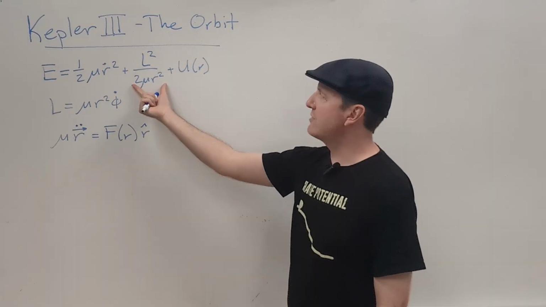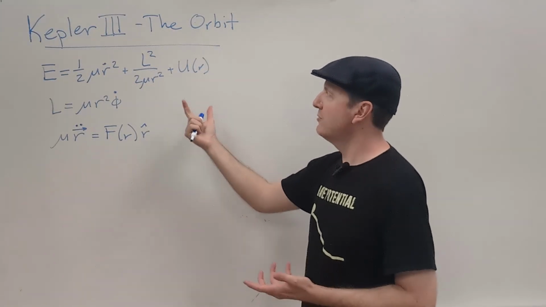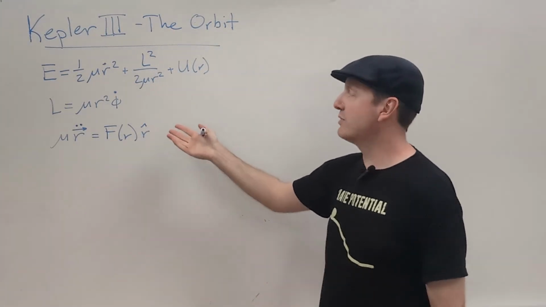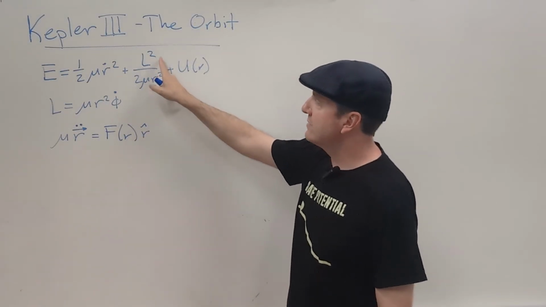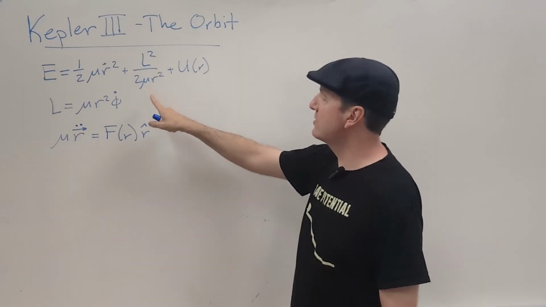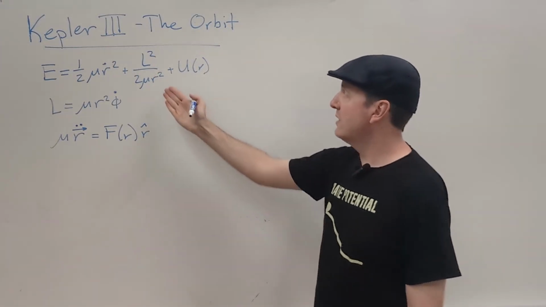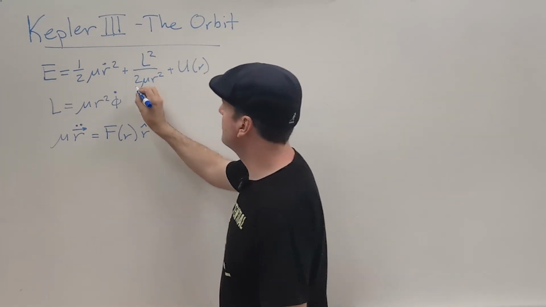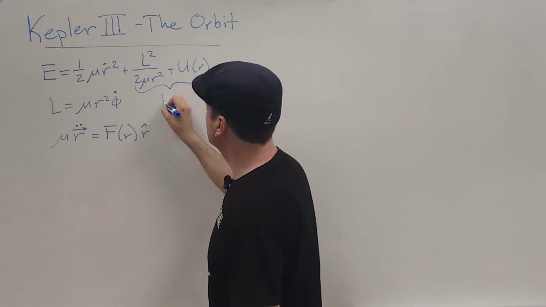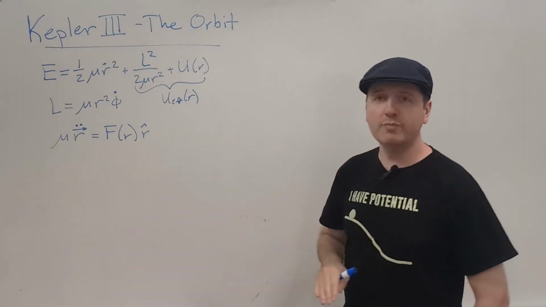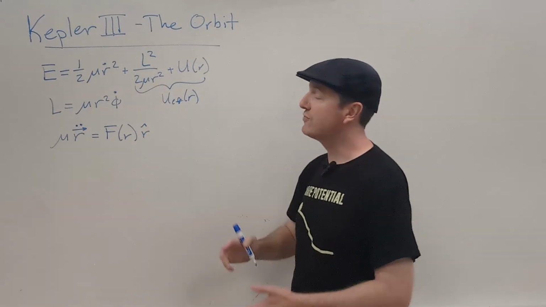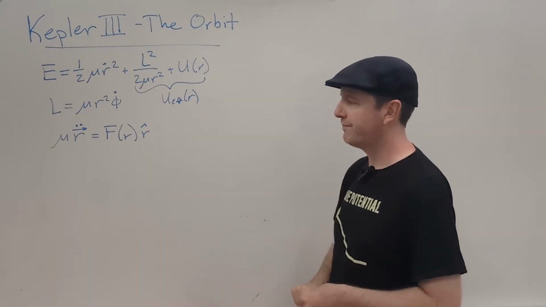Notice, though, that this piece does not have an explicit time derivative in it. L is a conserved quantity. That means this looks like it's just a function of R, which means we can group these two together into what's called an effective potential, which is the true potential energy plus this so-called centrifugal potential term.